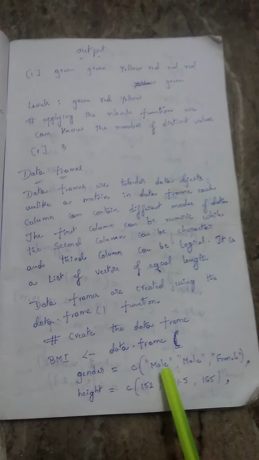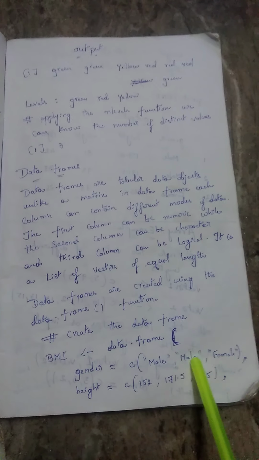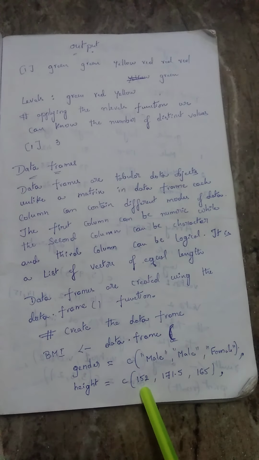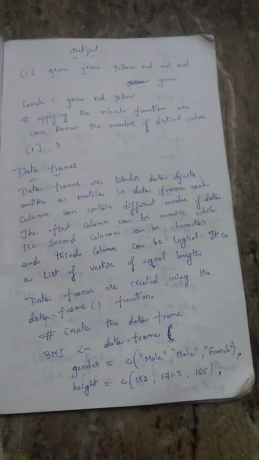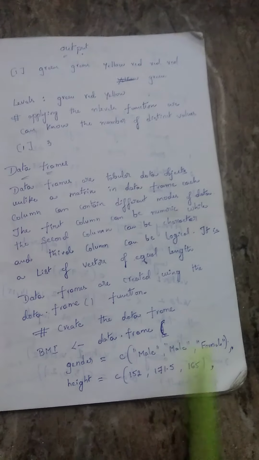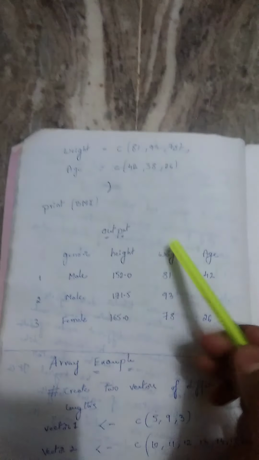With the help of the c function we are assigning values: male, female, and 152, 171.5, 165. With the c function we assign some characters and some integers. Next come weight and age, closing the bracket, and printing the BMI.